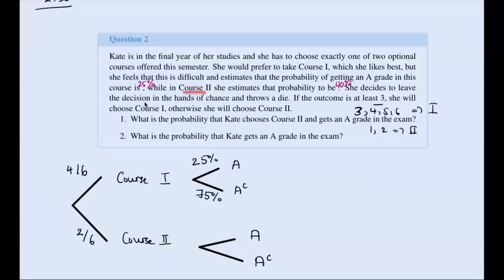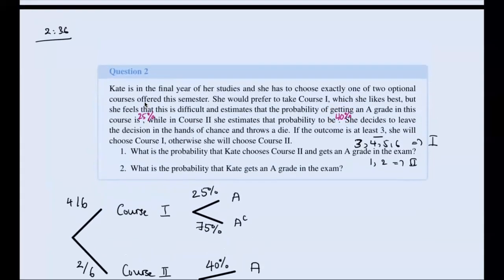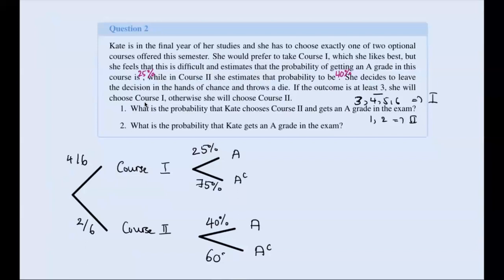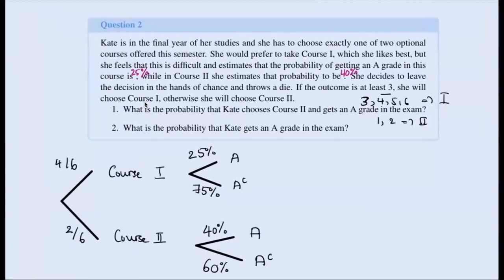Similarly, if Kate takes course 2, then the probability that she gets an A grade is 40%, and not A is 60%.